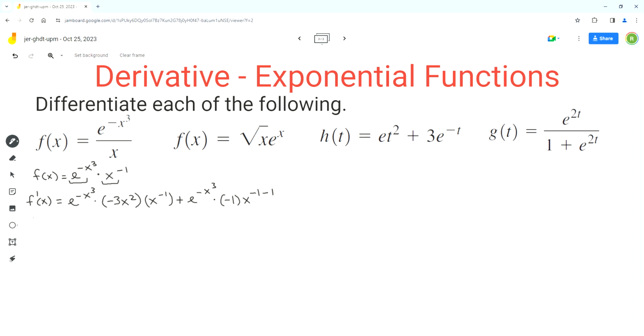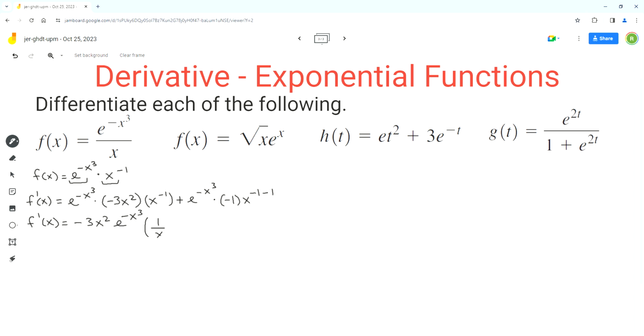Now we can simplify this expression. So in the first part, we can multiply negative 3x squared by e negative x cubed. So we get negative 3x squared times e exponent negative x cubed, and then x exponent negative 1 can be changed to 1 over x.